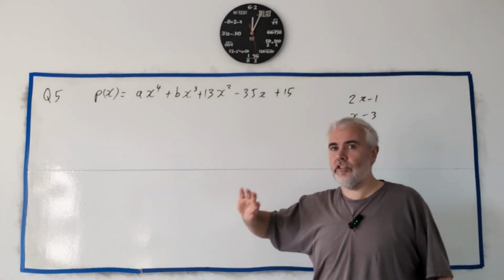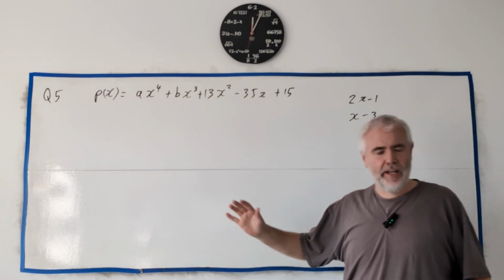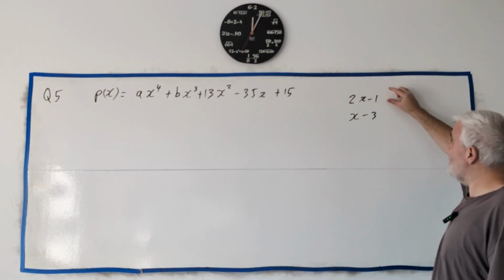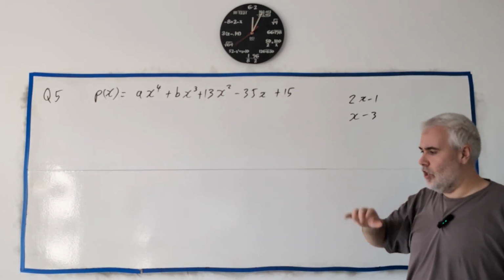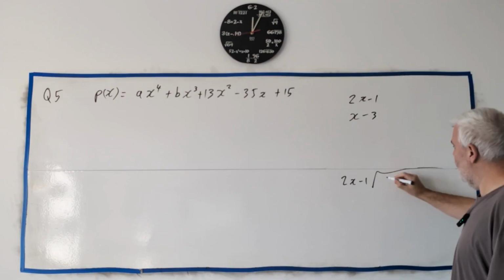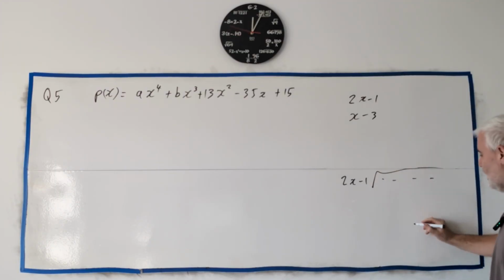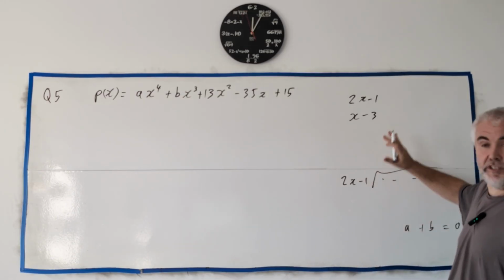I tend to show one way that's a little easier, but I like to mention the other way because it's one of my favorite ways to do it. What you could do is divide each of these into this, and hopefully you remember how to do long division of algebra. You'd get a longish mess, and at the end you'd have something A plus something B, and you know it equals 0 because there's no remainder if it's a factor.